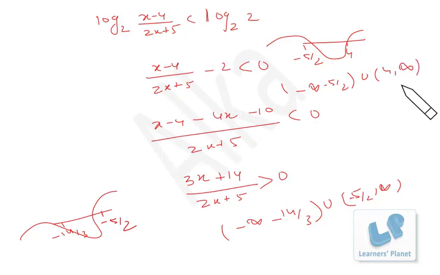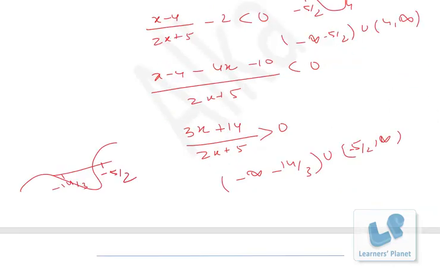Right? Now we have to club both the results. So mark all the points. Here it is minus infinity, then minus 14 by 3, then minus 5 by 2, then 4, then infinity. Okay. So here it is minus infinity to minus 14 by 3, and minus 5 by 2 to infinity.